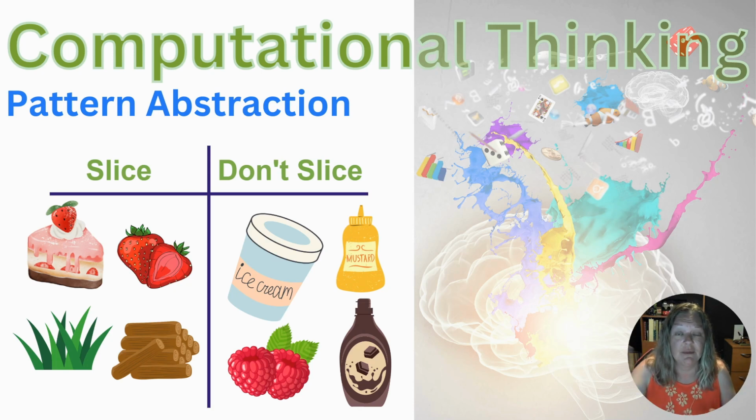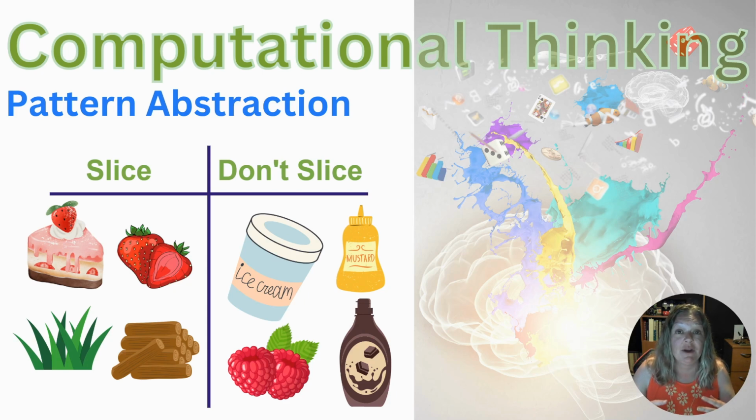They're going to make the closest connections. And there's lots of things that we slice and don't slice as far as food goes. But we could even expand to, well, do we also slice or cut wood? Is slicing the same as cutting? I don't know. We cut grass as well. Is that slicing? Talking about just applying that pattern we've created to other things, and we're doing some abstraction.